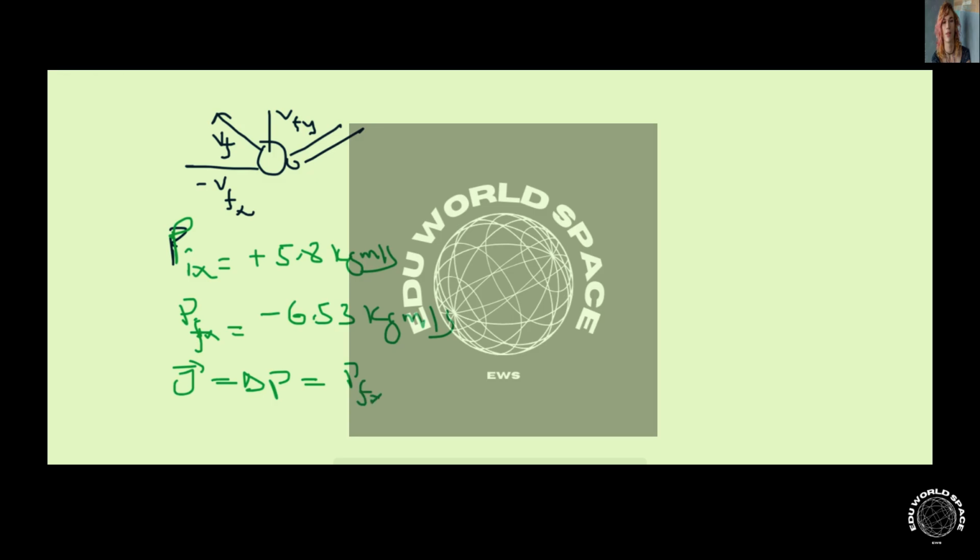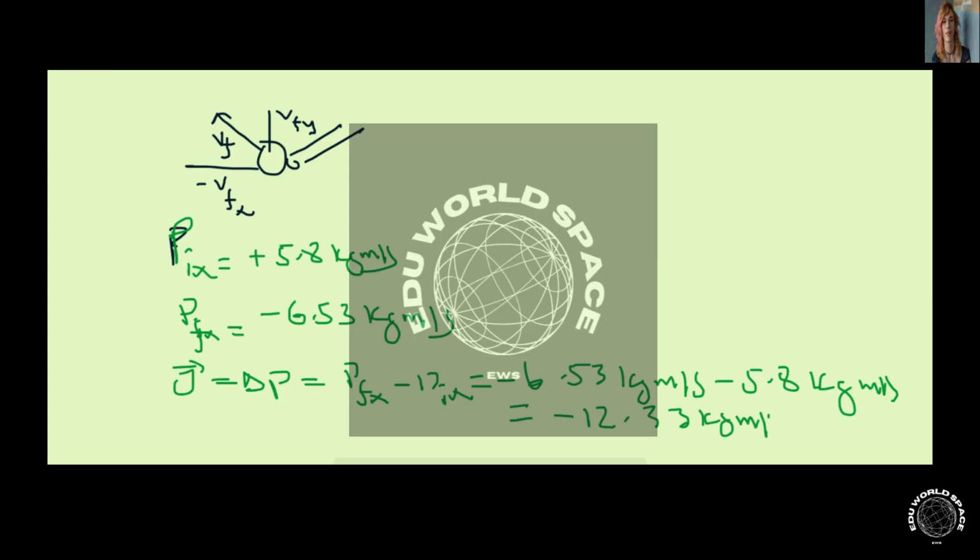So final momentum minus initial momentum, which is the same as negative 6.53 kilogram meters per second minus 5.8 kilogram meters per second. Remember, this is a process that's going to help us get the average force. If you put in those two numbers, you get negative 12.33 kilogram meters per second.